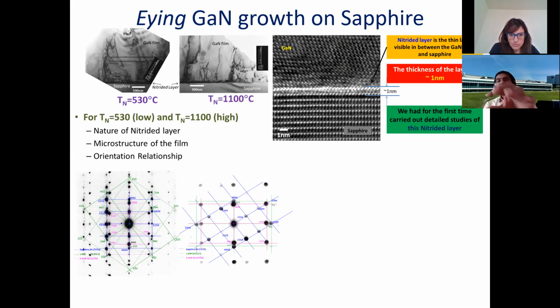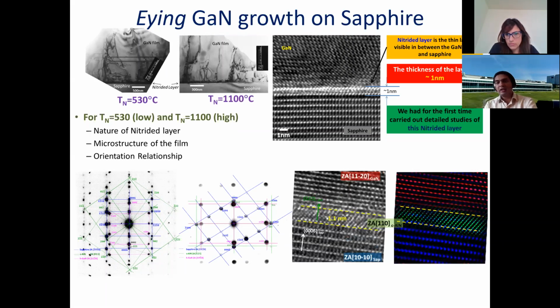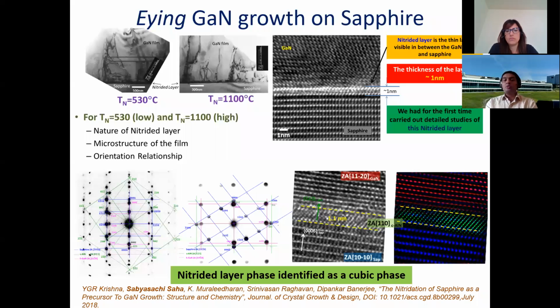Then we studied it in greater detail using high resolution microscopy, and XPS to identify the chemistry. We found that it is actually a cubic nitrided layer phase, a rock salt aluminum nitride, which is cubic. And this was published in the Journal of Crystal Growth and Design. This was part of my research work.